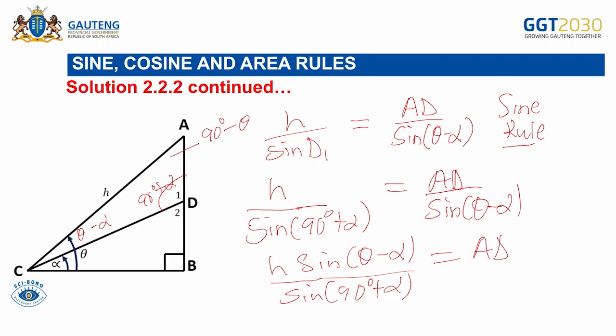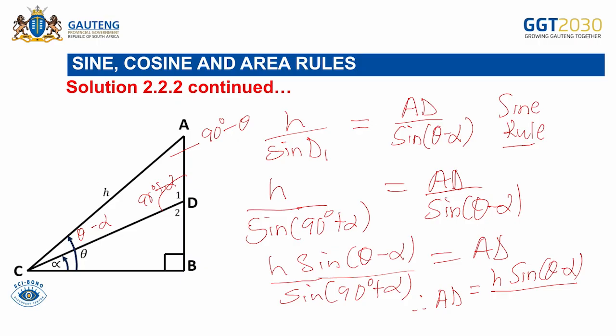But the answer that we have and the answer that the examiner has are not the same. So our AD equals h sine of theta minus alpha divided by, we stop. When you look at your denominator, we don't have a sine of 90 plus alpha.